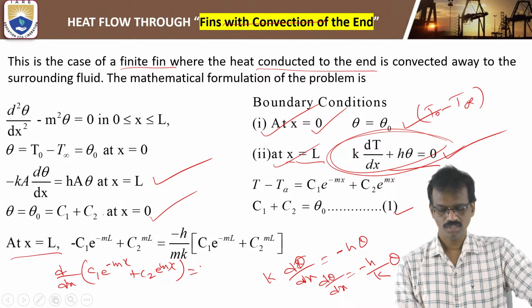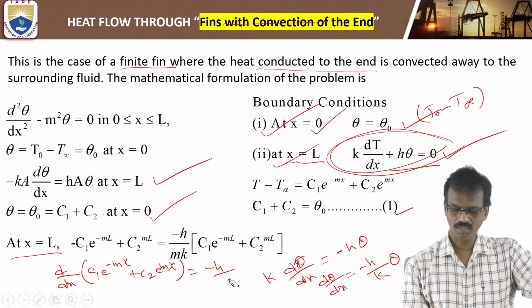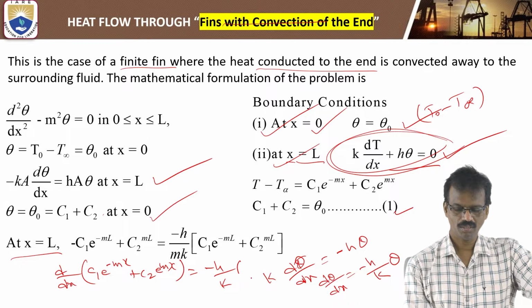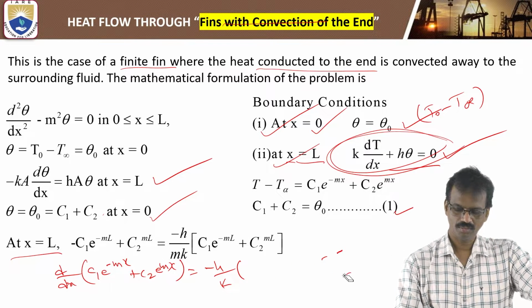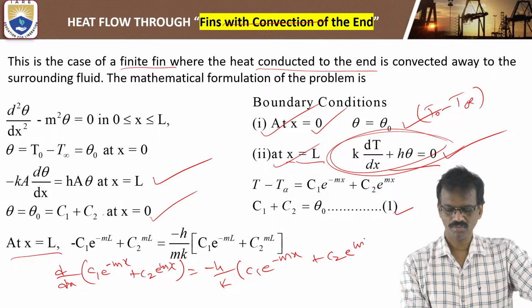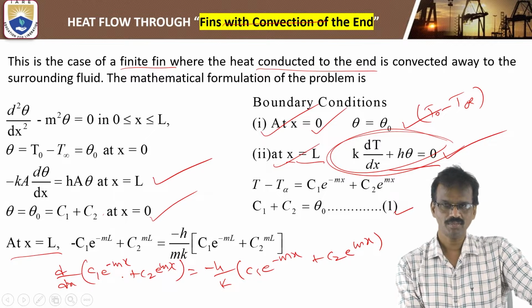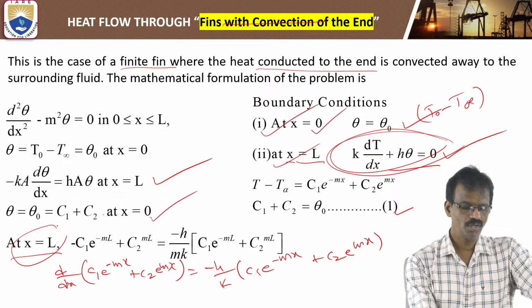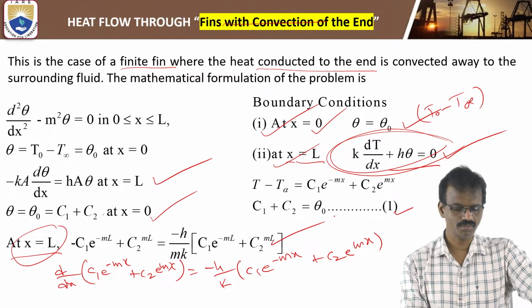We take the derivative of this with respect to x, then substitute x is equal to L, and that equals minus h by k into theta. Let us see it here.